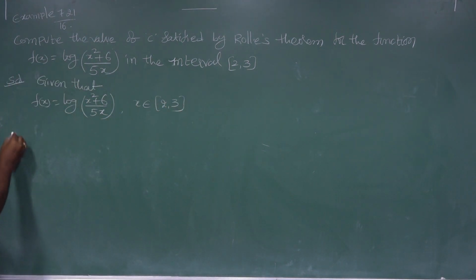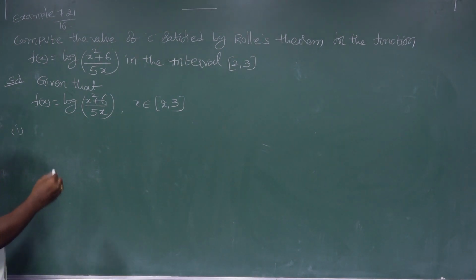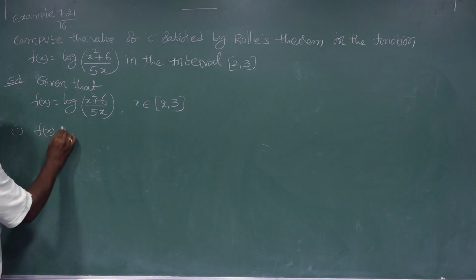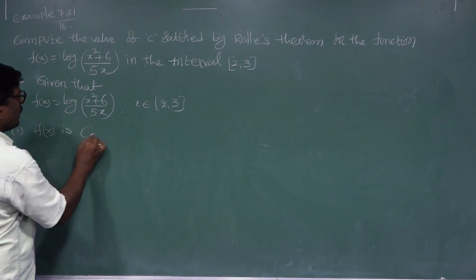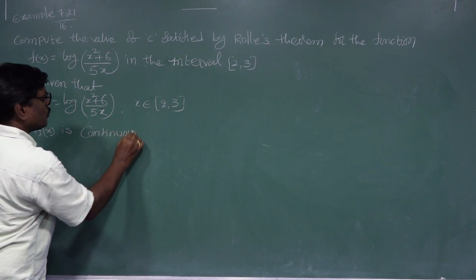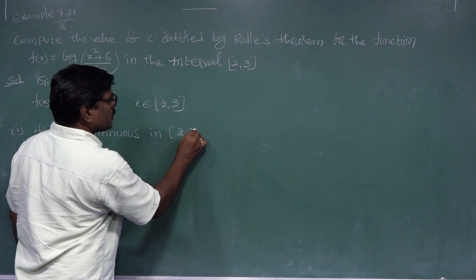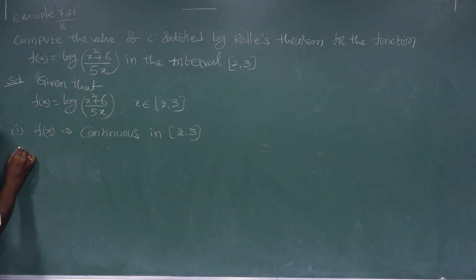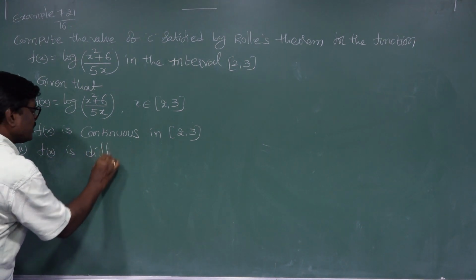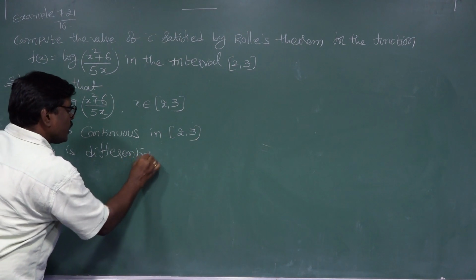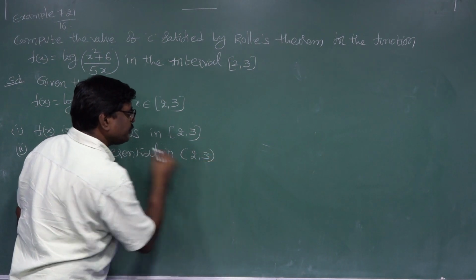Now, the first condition of Rolle's theorem: f(x) is continuous in the closed interval [2, 3]. Number 2, f(x) is differentiable in the open interval (2, 3).